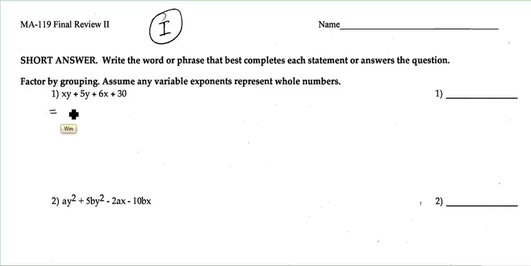We will group the first two terms together, and then we will group the last two terms together. Now remember, when you group the last two terms together, the parentheses around the last two terms must be after the operator, after the plus sign.